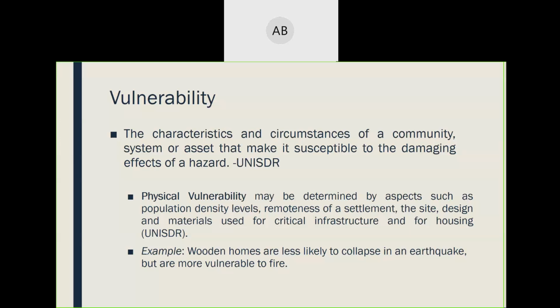So what I would like to reiterate again is that vulnerability is some kind of a translation of a degree of damage. Which house has sustained more degree of damage? If you have found out, then you can conclude that yes, this house is more vulnerable.